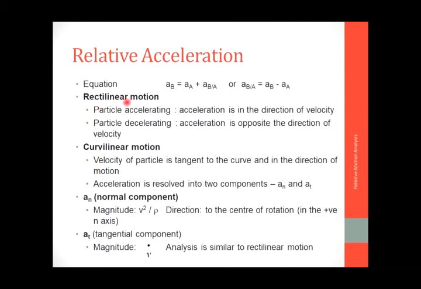For rectilinear motion, if the particle is accelerating, the acceleration is in the direction of the velocity. And if the particle is decelerating, the acceleration is opposite to the direction of velocity. This one is rectilinear motion.